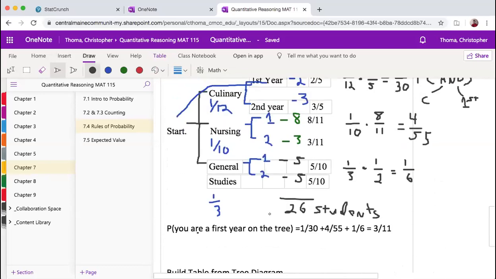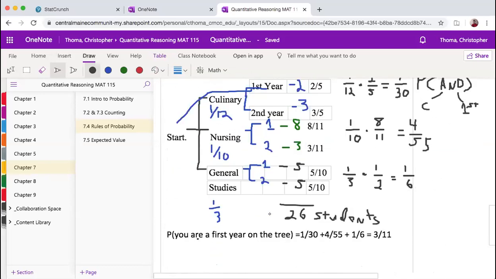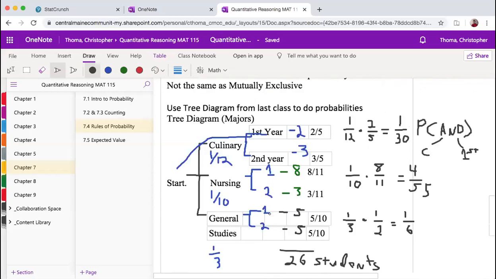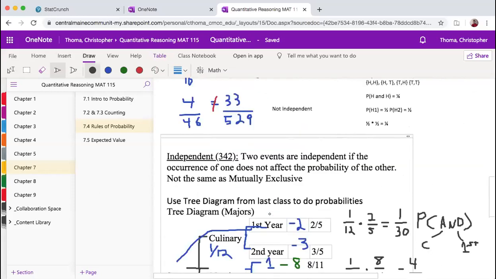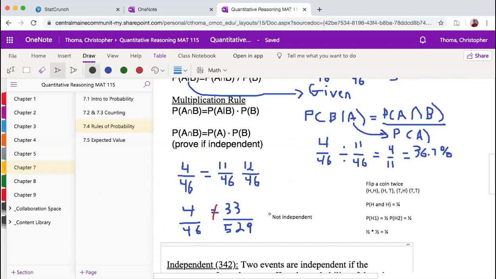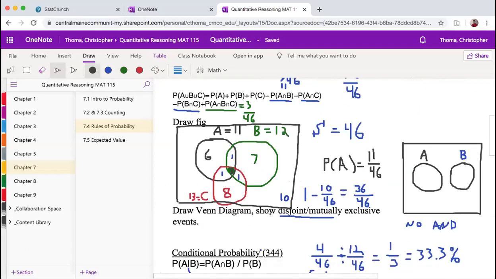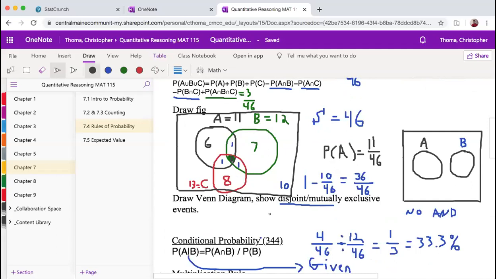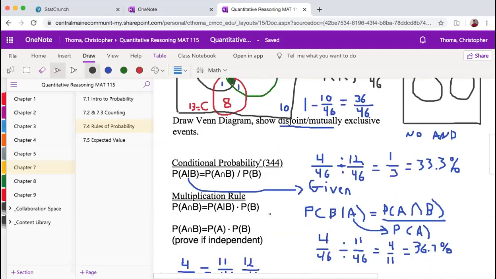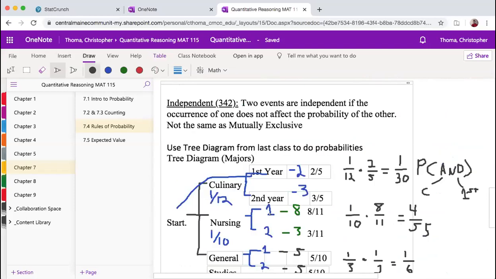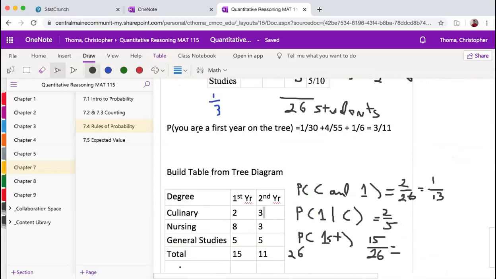So the key with probability is, you don't have to do a table. You don't have to do a tree. You don't have to do a Venn diagram. But if you do, it does give you a nice visual to see how to solve these. The key is remembering, and this goes back to our set notation and our truth tables, that "and" means they have to happen together, "or" means I can be in one place or the other, or I could be in both.